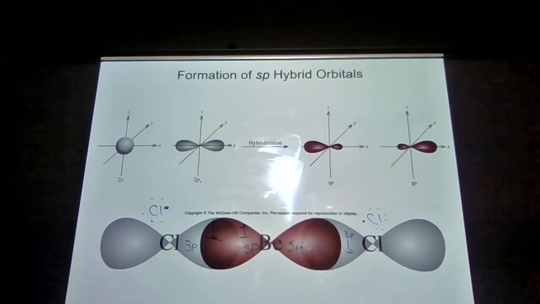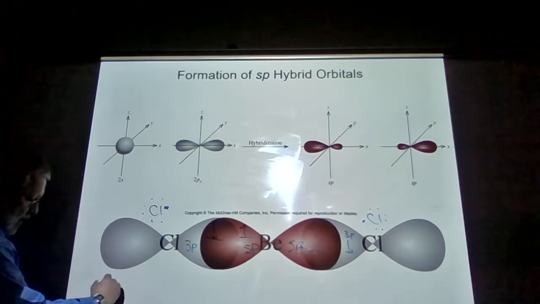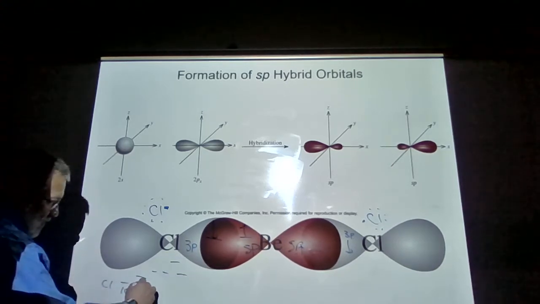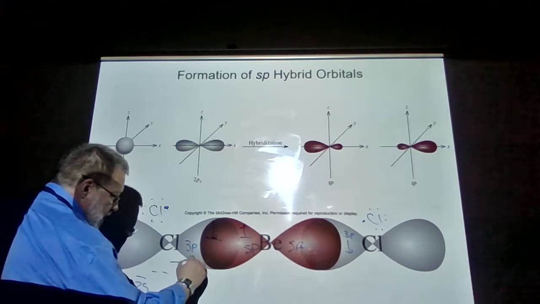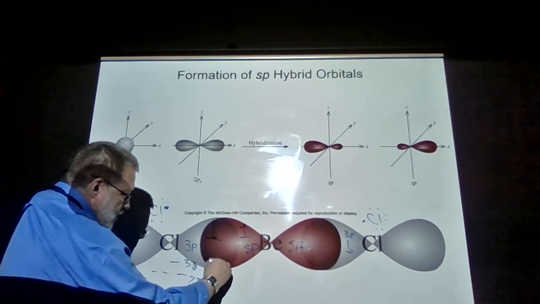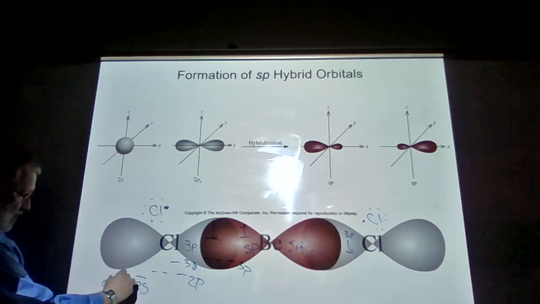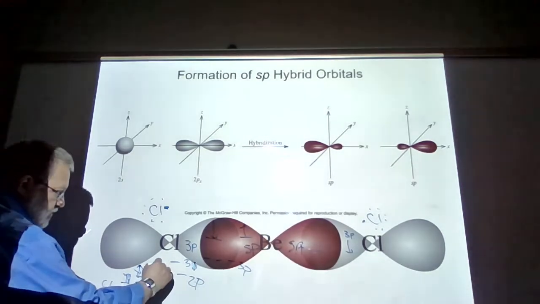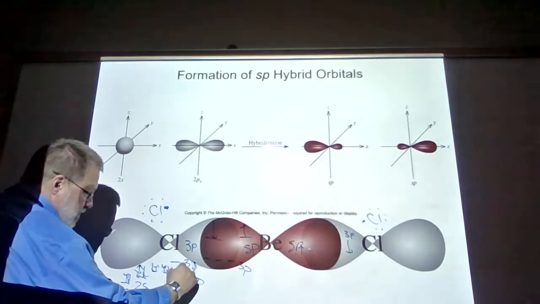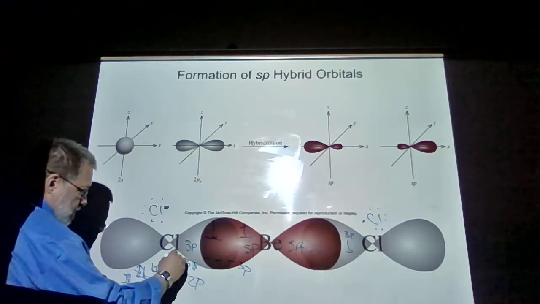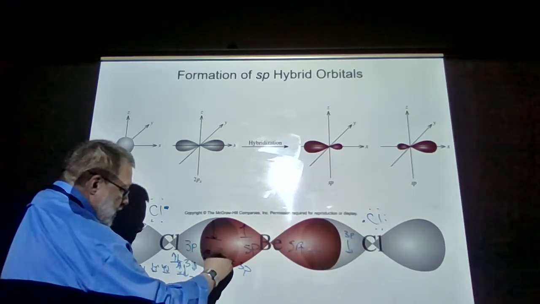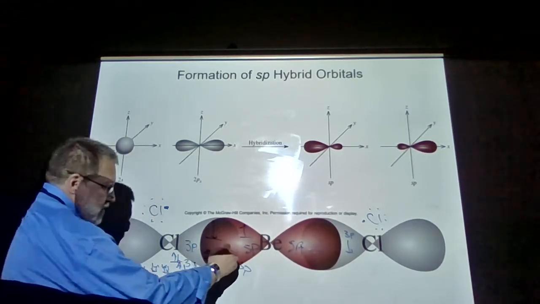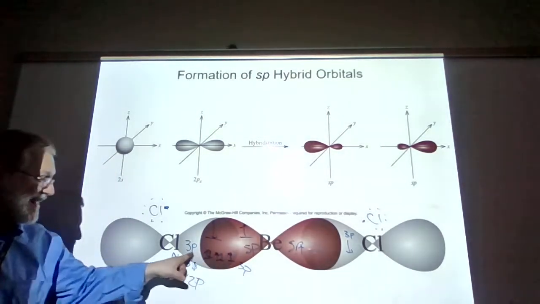If we look at the electron configuration of chlorine, 1s, 2s, 2p, 3s, 3p, it has completely filled the 2 shell, and it has only one space available for an electron, in the 3p orbital.